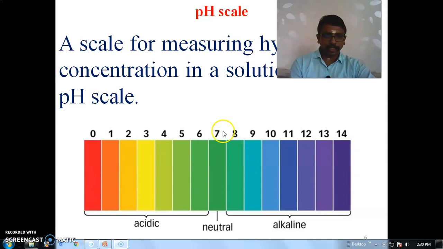If the pH is 7, we can tell it is neutral. If the pH is greater than 7, we can tell it is base. So acidic means less than 7, basic means greater than 7, and 7 indicates neutral.